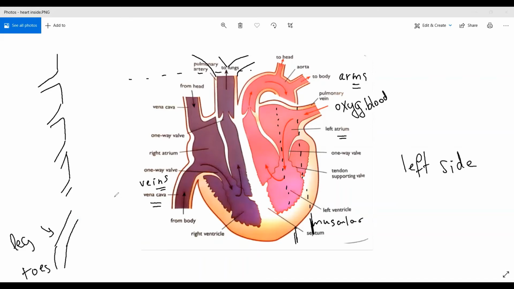Inferior means below or lower, because it collects the blood from the lower part of the body, while the upper vena cava is called the superior, because superior means upper, so it collects the deoxygenated blood and wastes from the upper part of the body, returning the blood back to the heart. So the arteries take the blood away from the heart, whether deoxygenated or oxygenated, while the veins return the blood to the heart, whether oxygenated or deoxygenated.